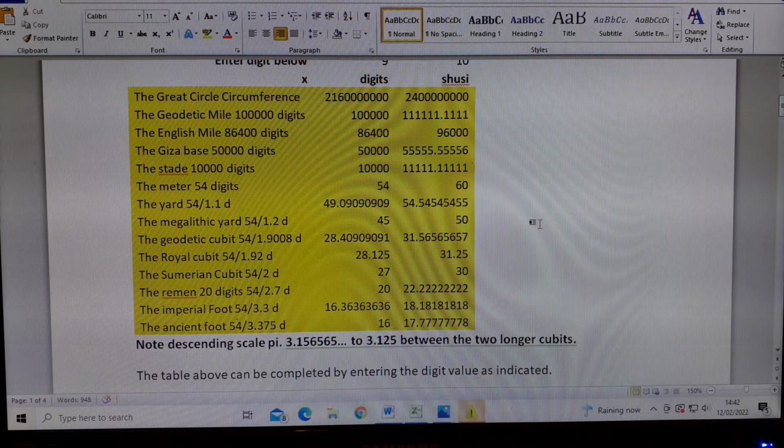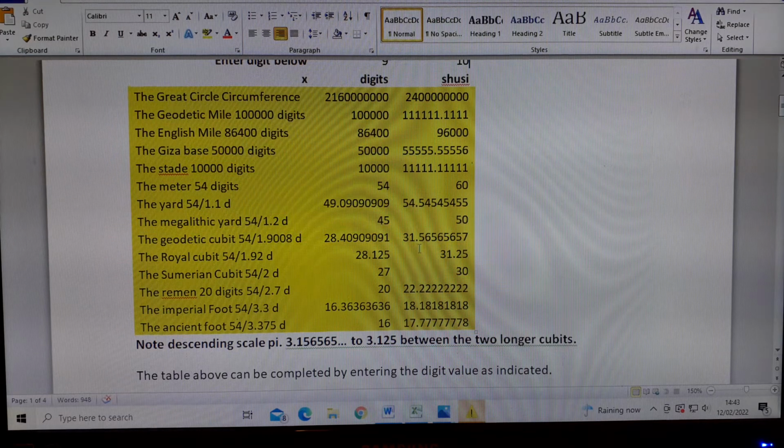And the other thing we need to notice here is we've got 31.565656 geodetic cubits are producing that number of Shusey, and royal cubits are producing that number of Shusey, and we know 3.125 is Babylonian pi, and we know that that unit there, if we divide it by 10, will be 2,500 divided by 7920.